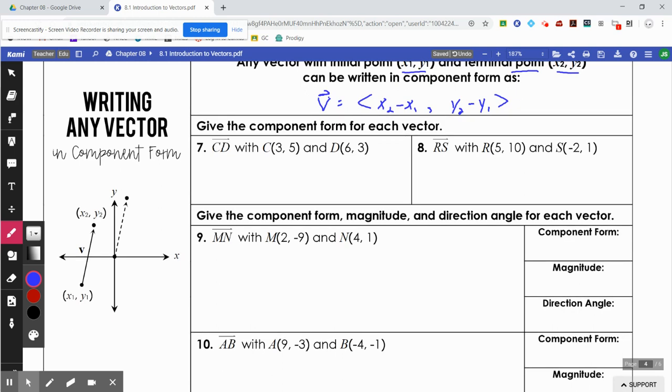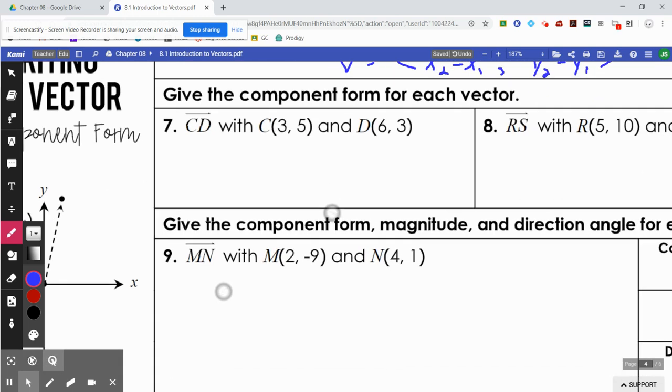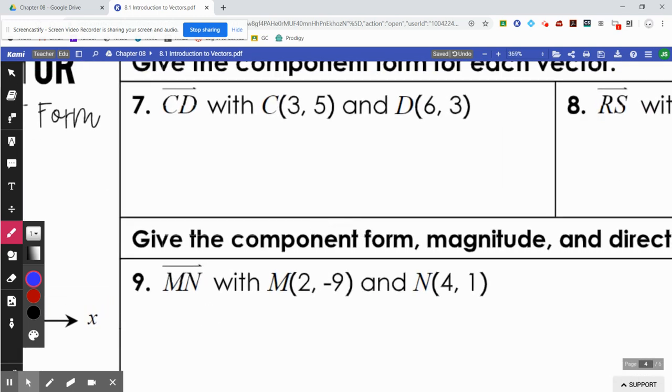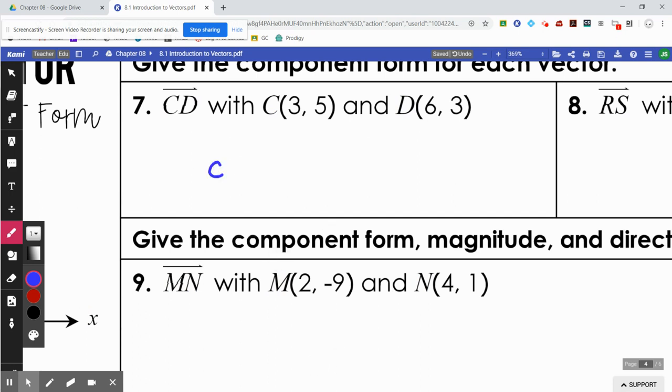So it's really easy. So starting with number 7, let's write CD in component form. So vector CD will equal, simply subtract your x's first. 6 minus 3 is 3. Subtract your y's and you get -2. There it is in component form.